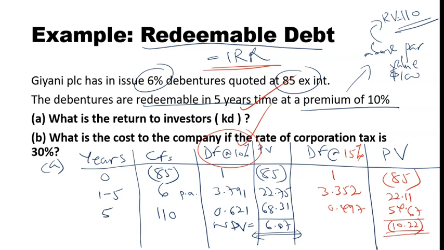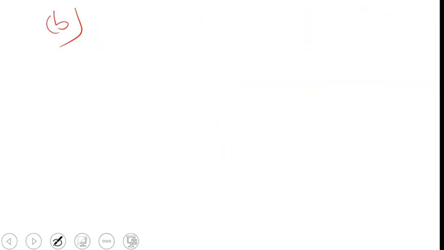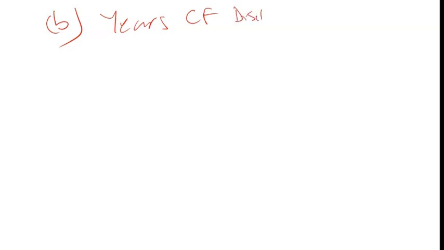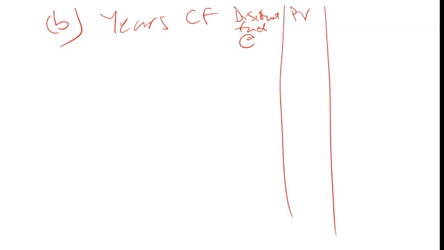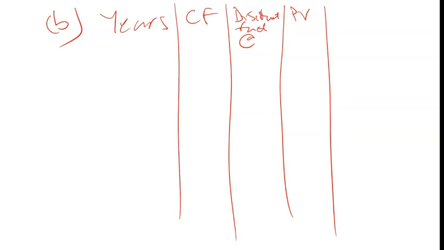So for B now, we can just use the same table and determine our IRR. We've got years, we've got cash flows, we've got the discount factor at a certain percentage, then the PV. We leave a column for another discount factor and PV.